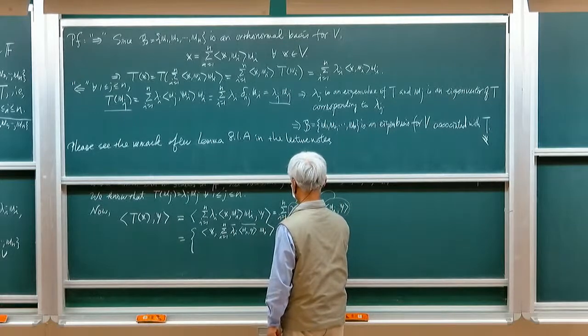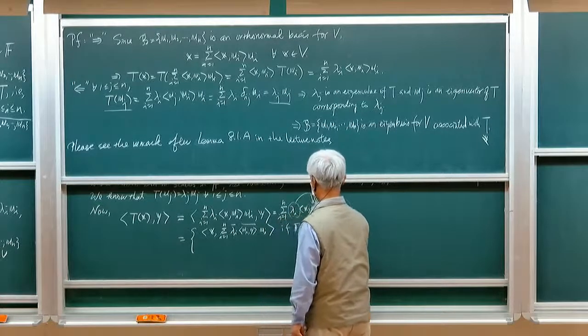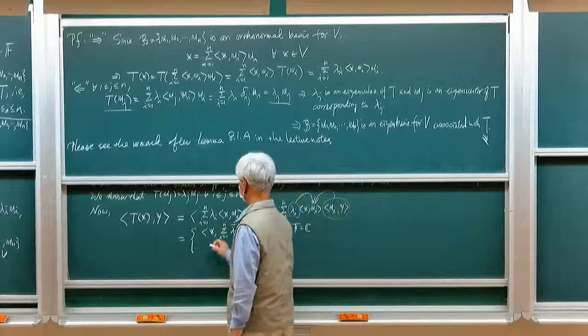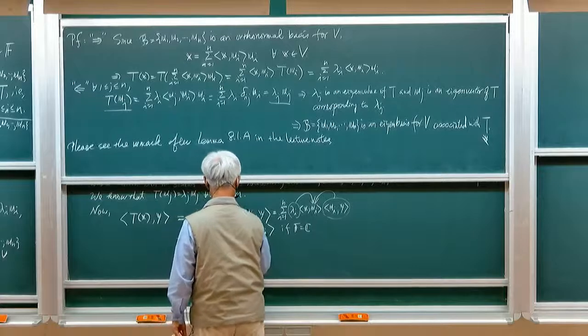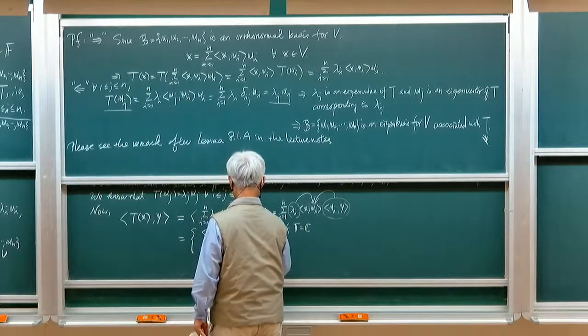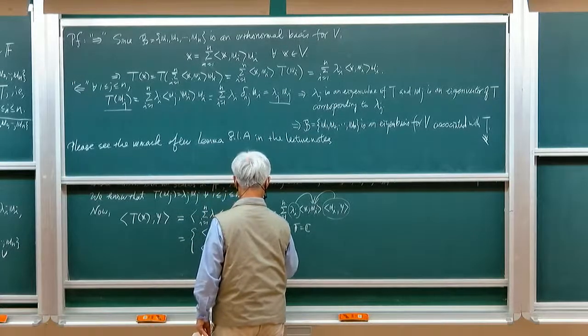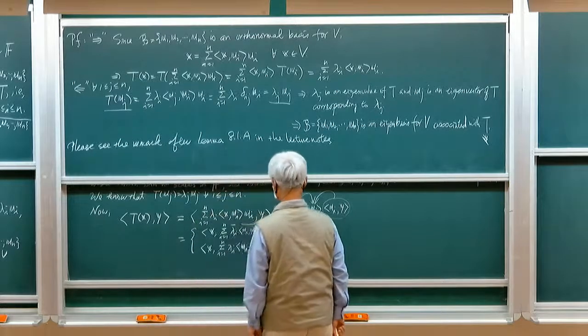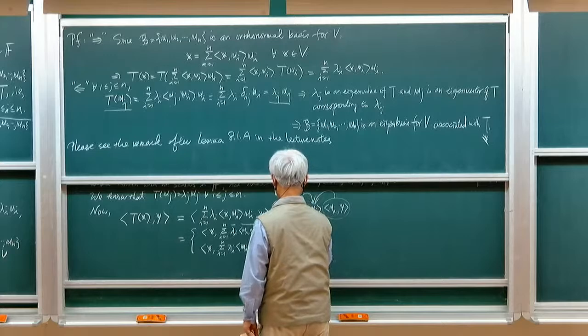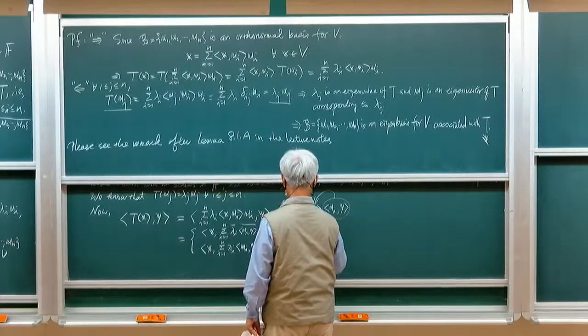So if F is equal to C, this is lambda_i bar, and if F equal to R, it is lambda_i.